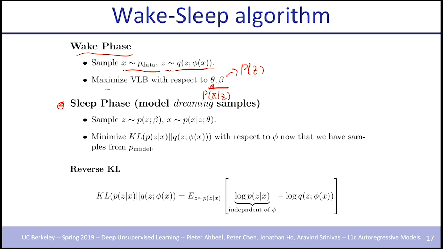And then I try to have my approximate posterior match my own belief, basically. And then that's how you do it. In the sleep phase, you basically do the usual maximum likelihood to train your approximate posterior. And you can do that because you generate X yourself. Yes?